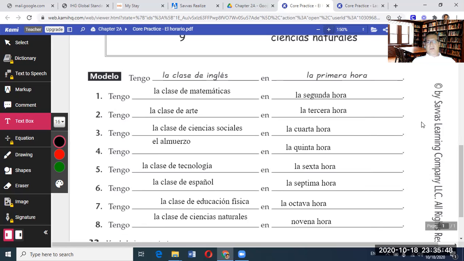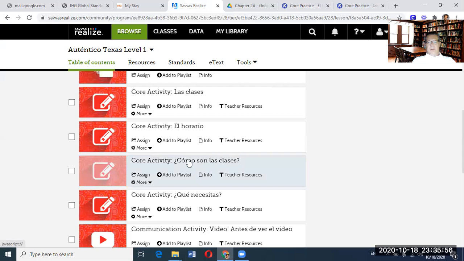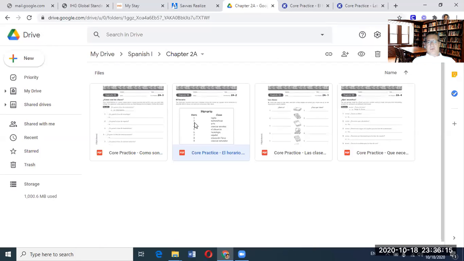Okay, I'm going to continue with the next handout. ¿Cómo son las clases? Go ahead and turn in your second handout. We're going to start with the third. ¿Cómo son las clases? How are your classes?